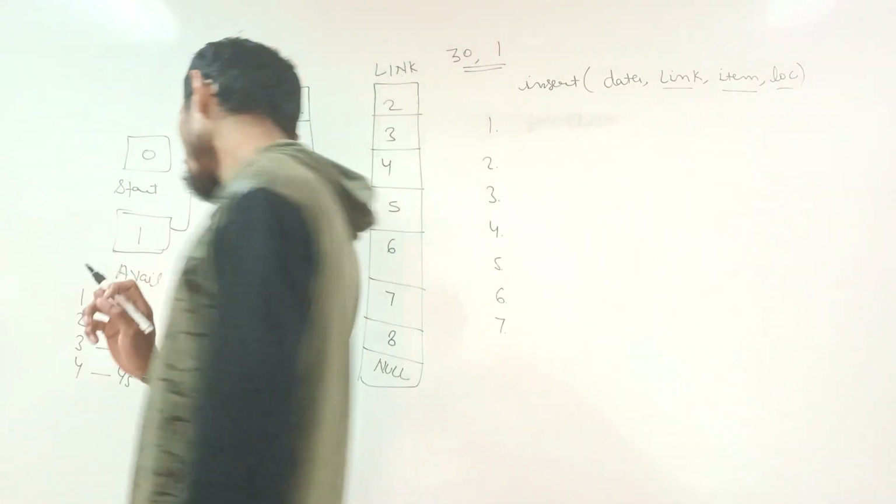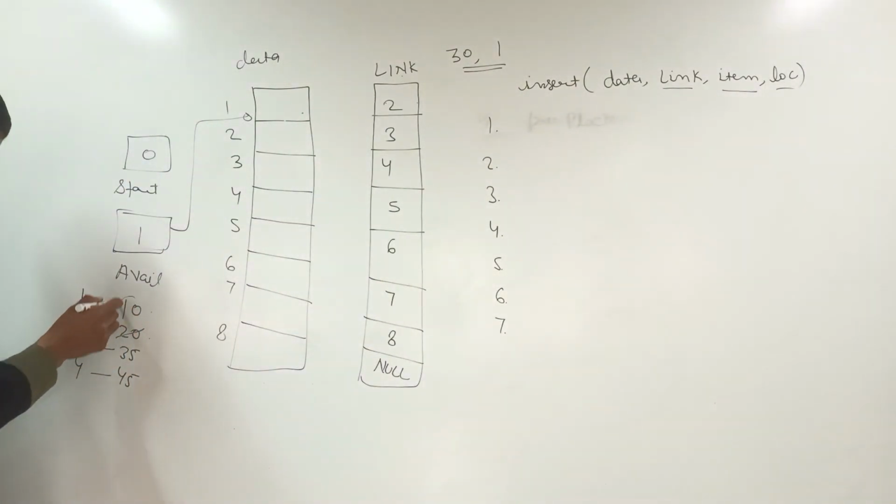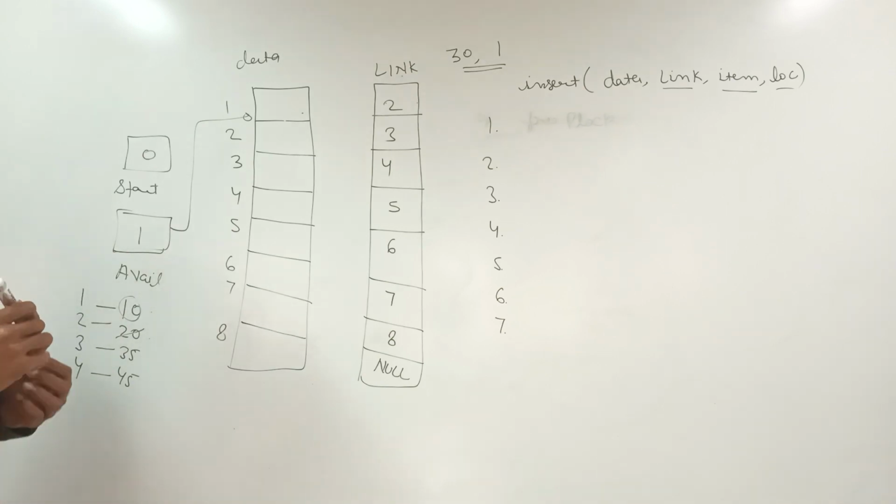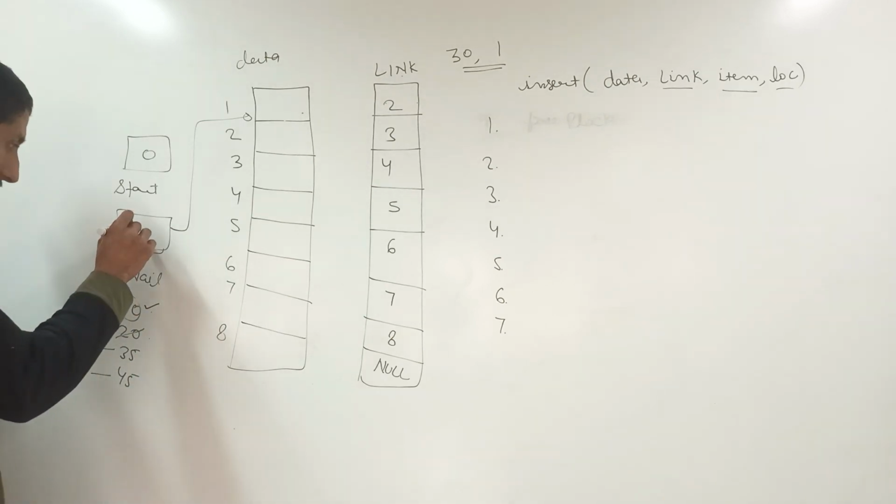So if someone says please store 10, the meaning is that users are interested in saving 10. Are you following this? So what will I do? First of all, I will check whether space is available or not, by looking at the avail pointer.